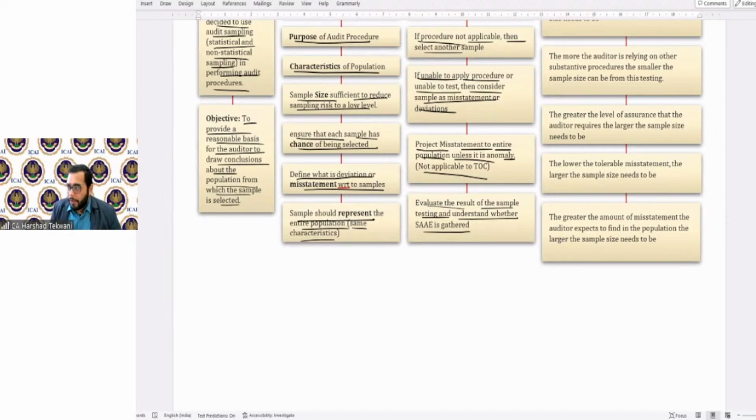Good question. The question is: in analytical procedures, if we have performed some data analytics and obtained some deviation or misstatement, should we treat that misstatement like a sample and extrapolate it? The answer depends upon the procedure.